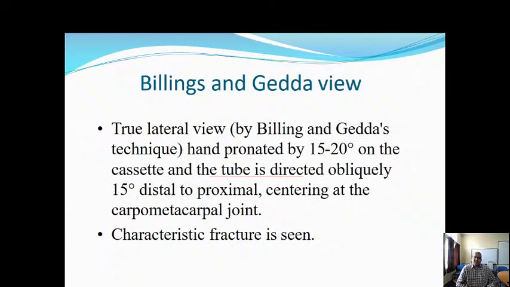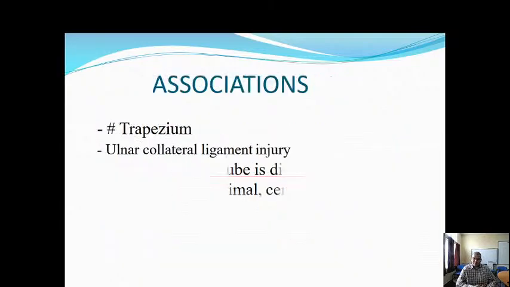For a true Billing-Gedda lateral view, the hand is pronated 15 to 20 degrees on a cassette, and the tube is directed obliquely 15 degrees distal to proximal, centered over the carpometacarpal joint. This gives the best view of the volar lip fragment.